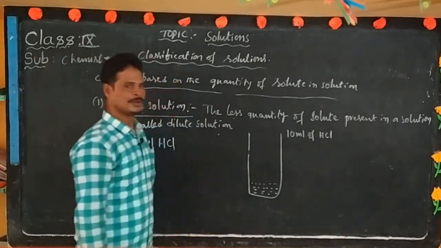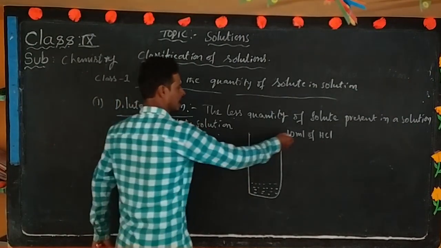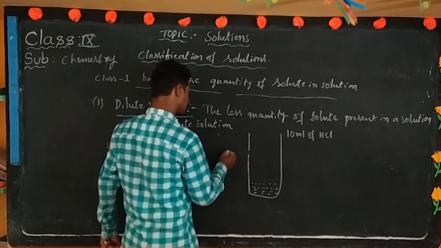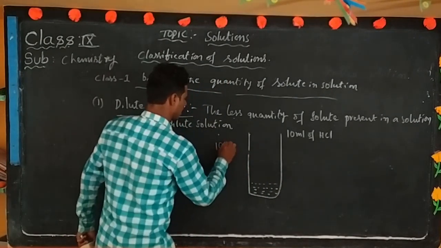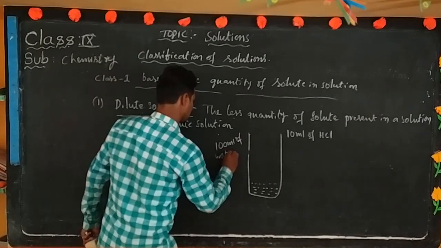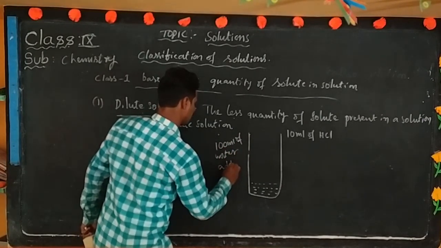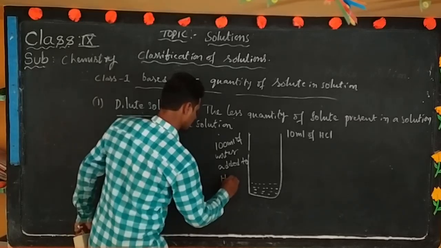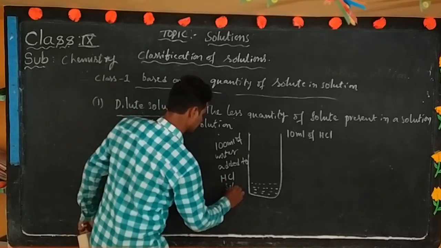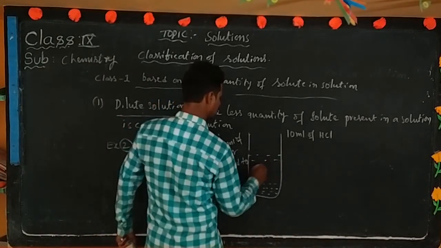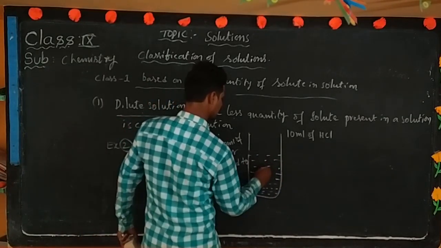Then water is added drop-wise into the 10 ml of HCl solution. How much water? Suppose you take 100 ml of water added to the HCl solution. Okay, after it is prepared.